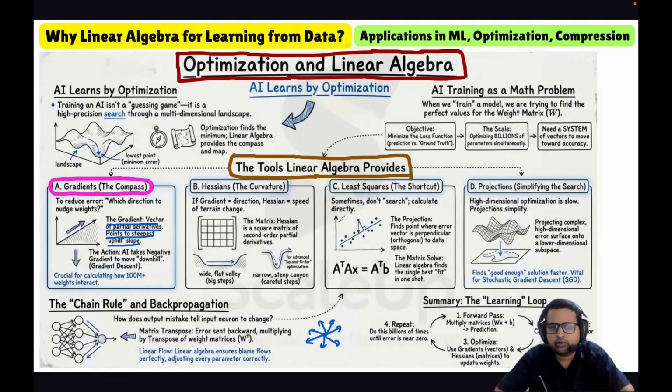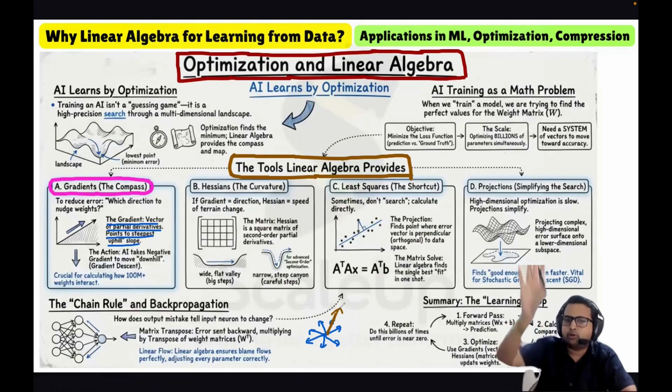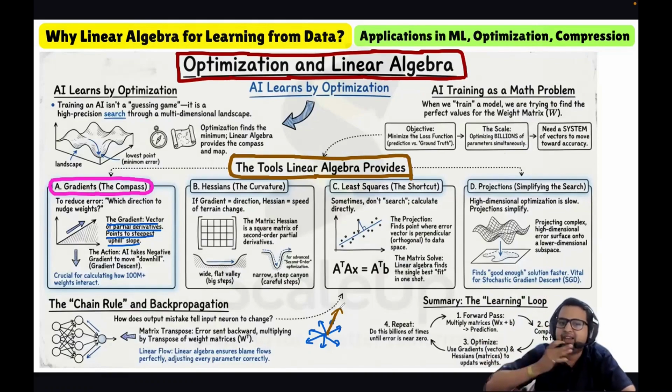The gradient is the vector pointing to the steepest uphill slope, like let us suppose this one. If this is the steepest uphill slope, then this will be the gradient. So the gradient is a vector of partial derivatives which is pointing to the steepest uphill slope.